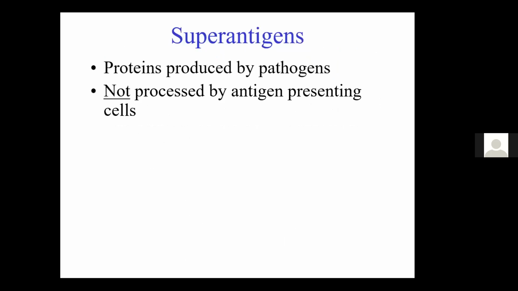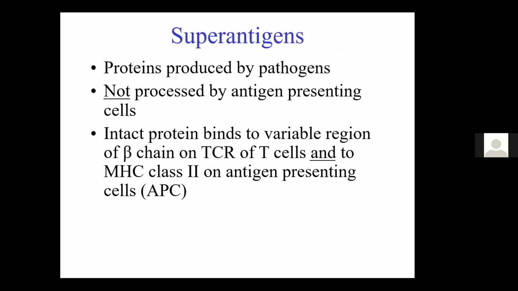Now, briefly, let me talk about the superantigens. We have seen that in the true immunological response, whenever you have an antigen, this antigen has to be recognized or processed by an antigen presenting cell, and this becomes available in form of an MHC antigen complex for recognition by the T cells. But what happens in the case of superantigens?